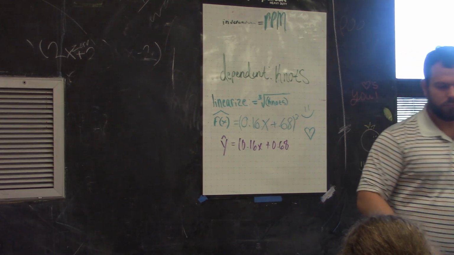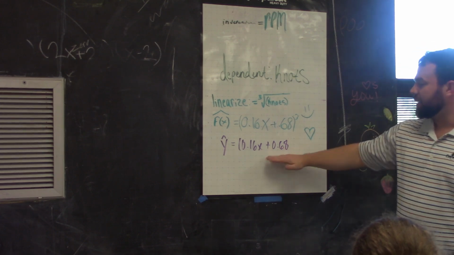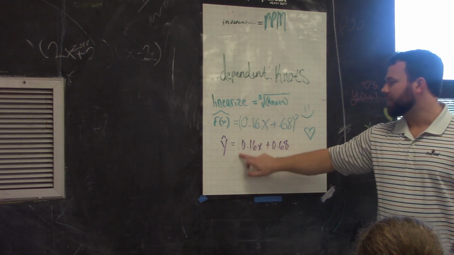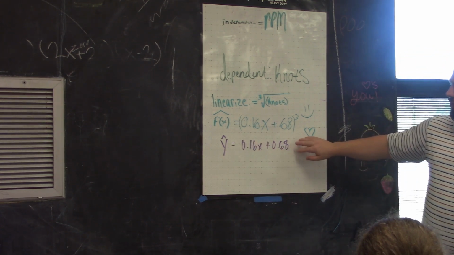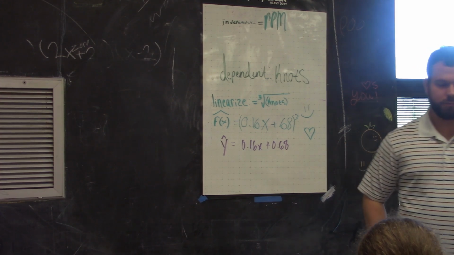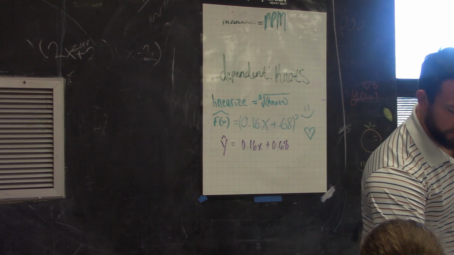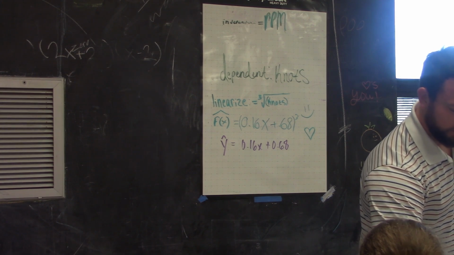Now, to get to here though, not just to get to here, but what did we do to be able to get a linear function? What do we do to the dependent variable?